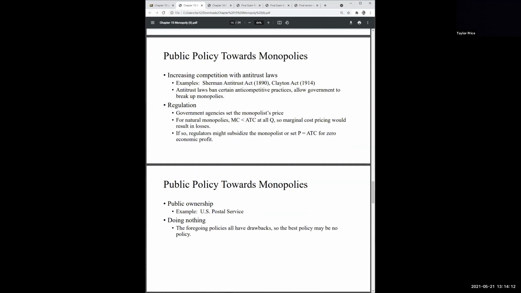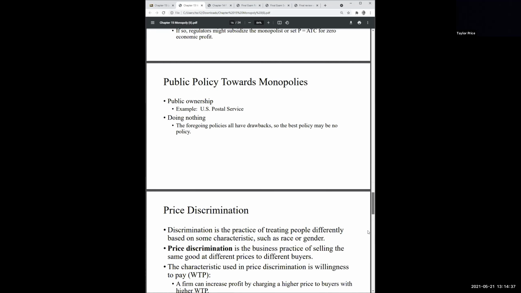Yeah, and when it usually talks about AVC or ATC, for AVC, average variable cost, it's trying to get you to think about whether the firm should enter or exit the market. When they mention average total cost, usually that's trying to get you to think about where a firm is going to produce in the long run.